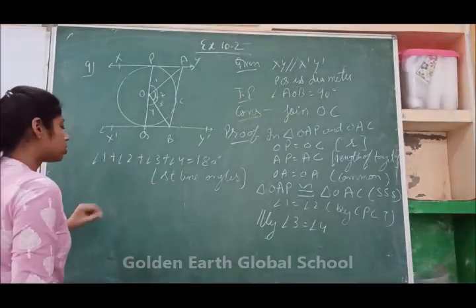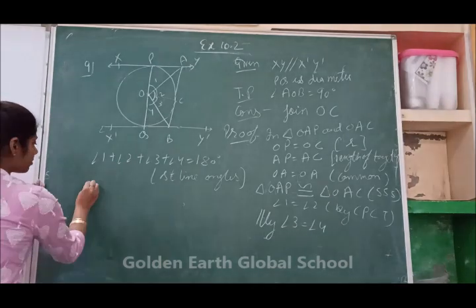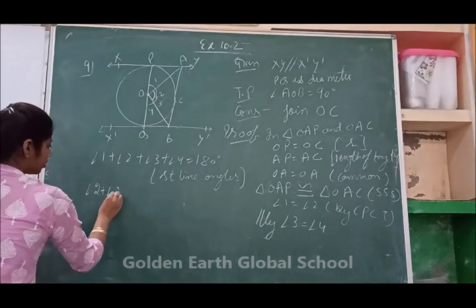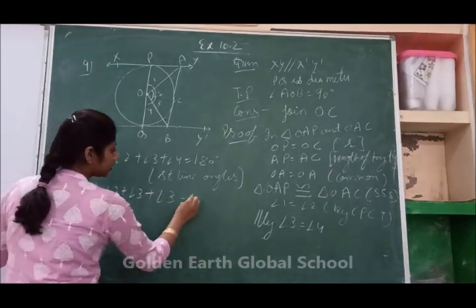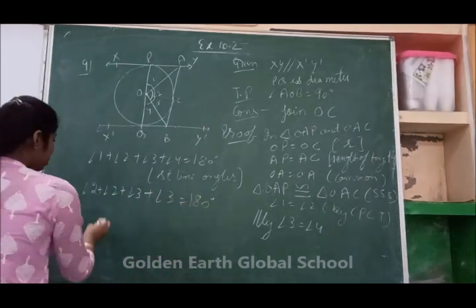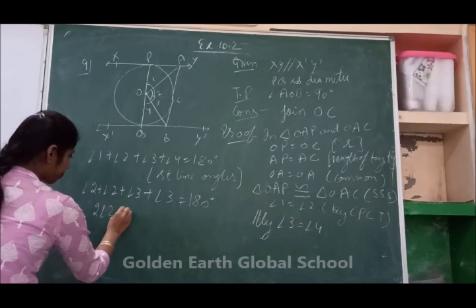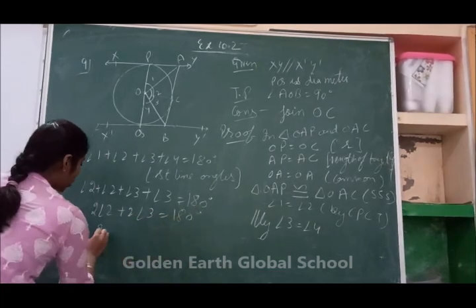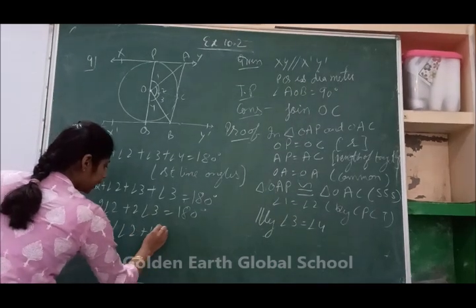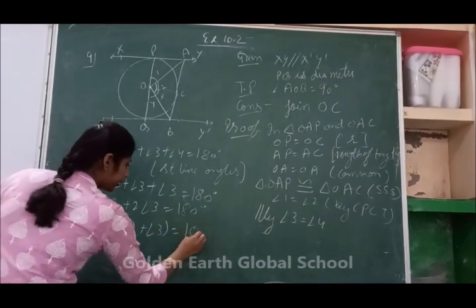Now 1 is equal to 2, so we can replace 1 with 2. 3, 4, so we can replace 4 by 3. Double of angle 2 plus double of angle 3 equals 180 degree. Take 2 out. 2 plus 3, 180 degree.